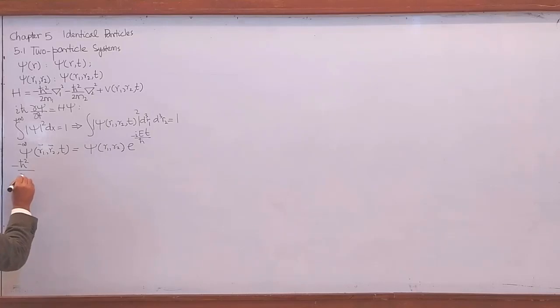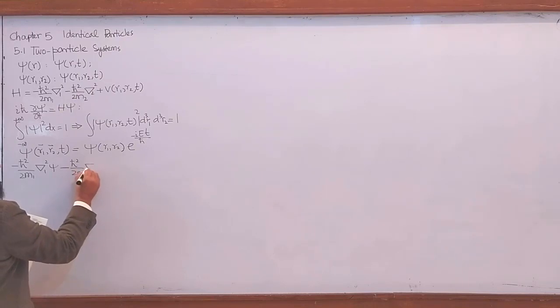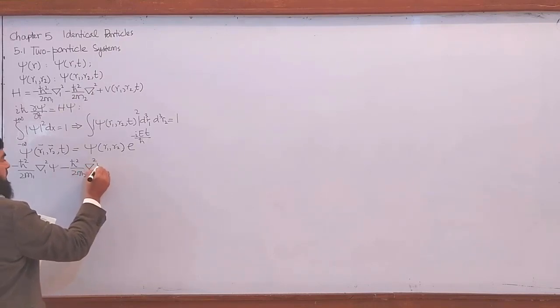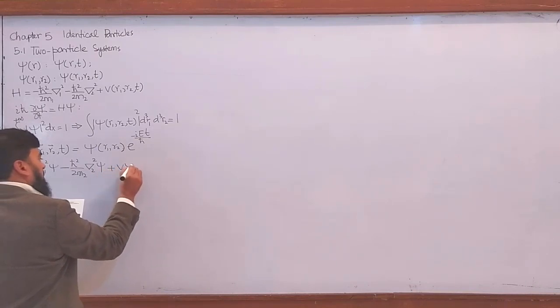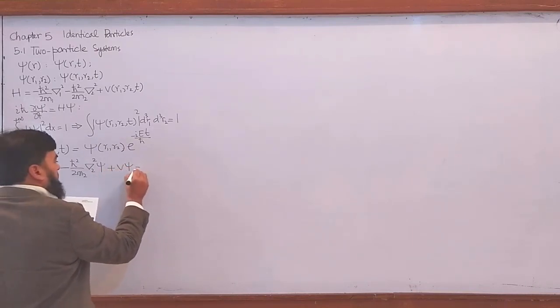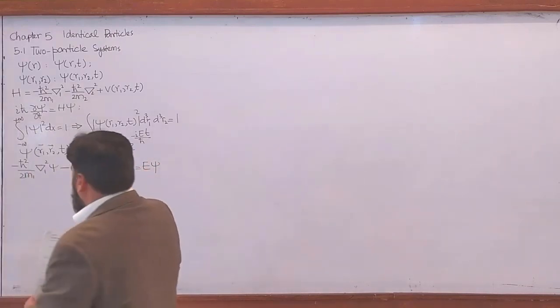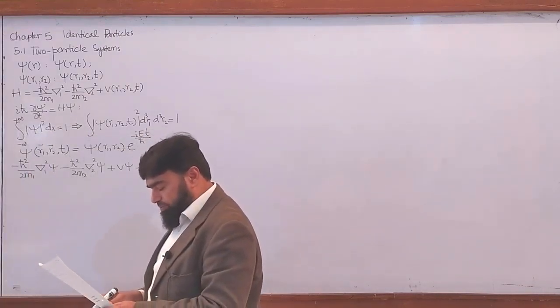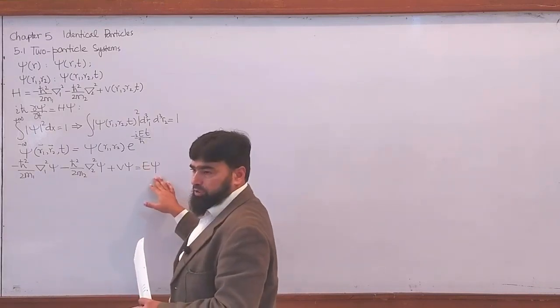So this will be minus h bar squared over 2m1 del1 squared psi, minus h bar squared over 2m2 del2 squared psi, plus V psi is equal to E psi. And we will have to solve now such an equation.